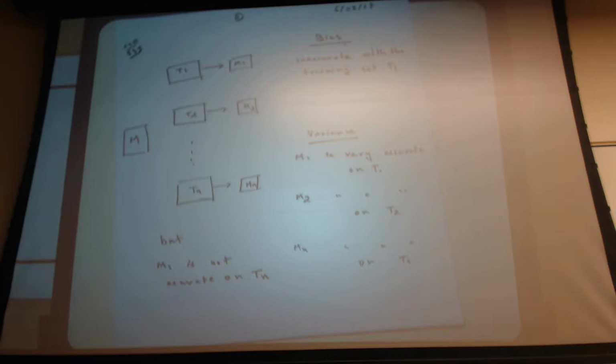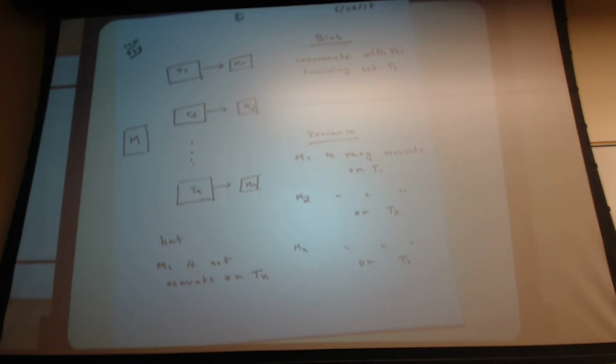Very simplistic assumption. So variance is low because M1 and M2 are giving the same result. So they are not varying. So the variance is low, but the bias is very high because it is varying from the true model.